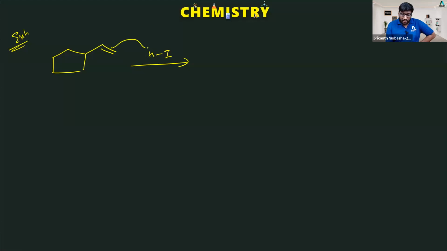Again the same pi electron density attacks H plus. As soon as it does, you generate a carbocation, and iodide ion, I minus, is lost. This is a 2 degree carbocation. One possibility is to think of a more stable carbocation.